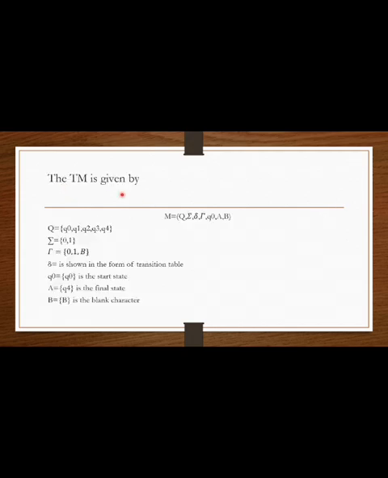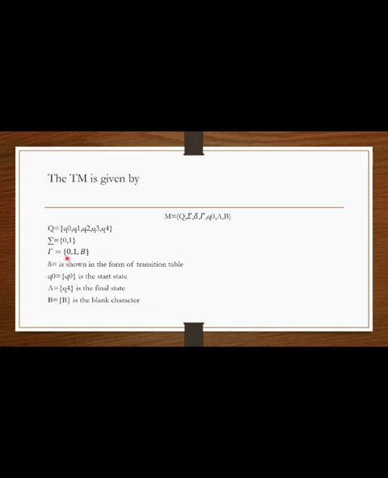This is the formal 7-tuple definition of the TM, where M = (Q, Σ, δ, Γ, Q0, A, B), where Q is the finite set of states Q0, Q1, Q2, Q3, Q4. Σ = {0, 1}, which is the input alphabet.